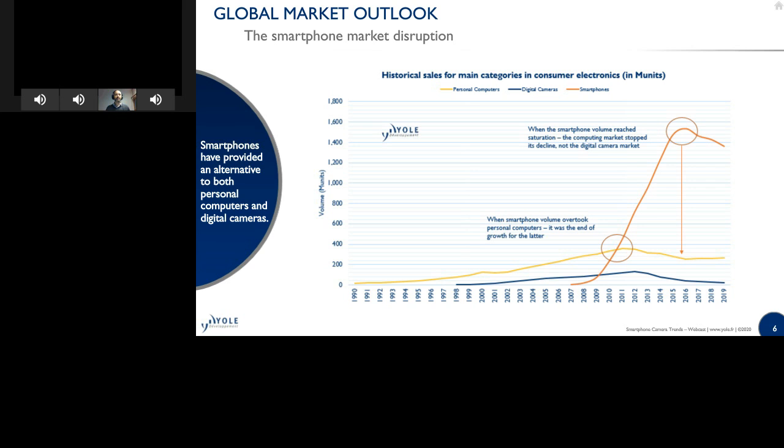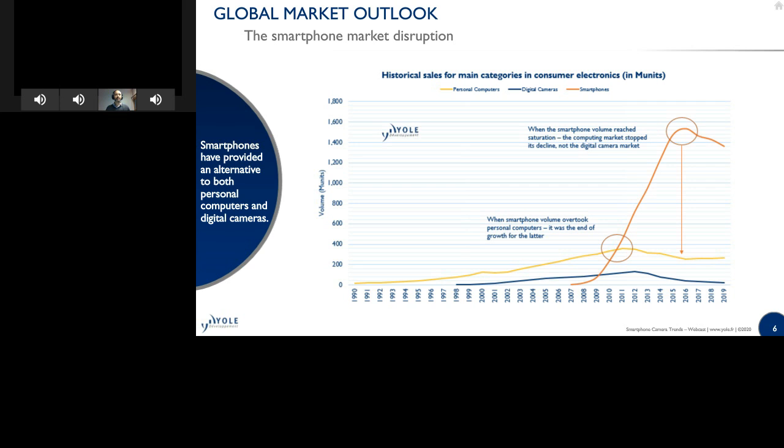So all this got disrupted by smartphones, and really this is why the camera module industry became so huge, because of the numbers of smartphones, reaching 1.5 billion in 2016. Since then, we have hit the ceiling. It's going down, but cameras are still increasing.